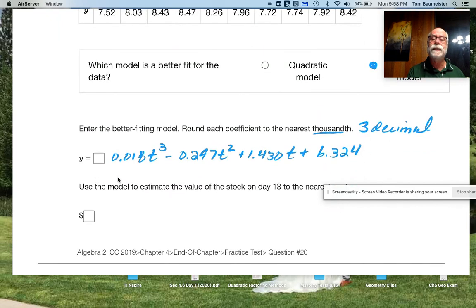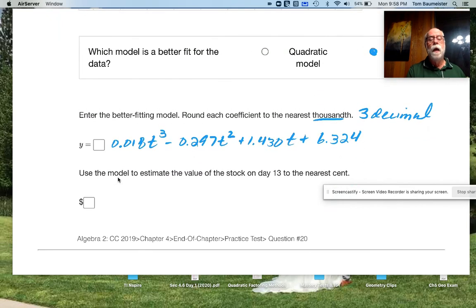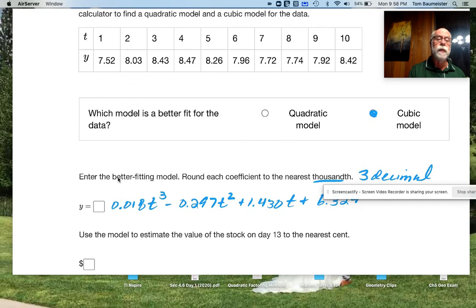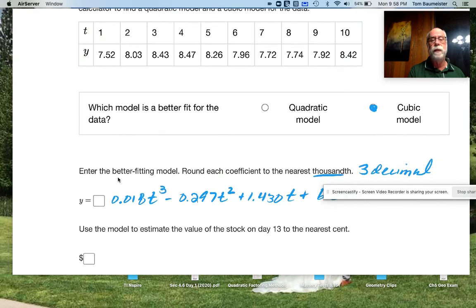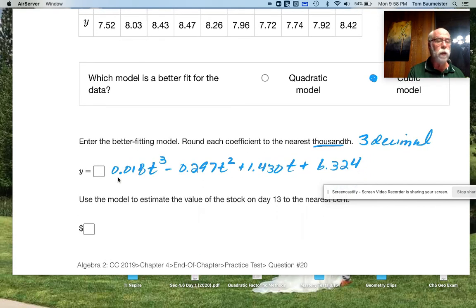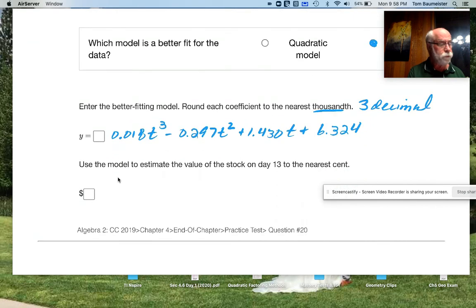So remember on the other one there, they started us with t equals 1, but they didn't tell it. They told us that was a certain year. On this one here, we're just going to plug in 13, all right? Because they didn't tell us a certain thing.